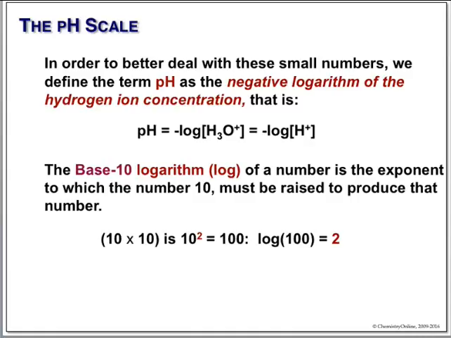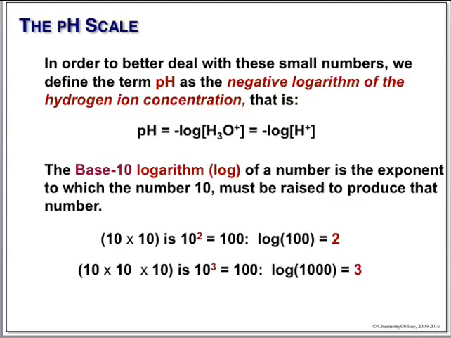If we had 10 squared, that's 100, right? The log of 10 squared is 2. It's simply the exponent. If we had 1,000, 10 times 10 times 10, the log of 1,000 would be 3. It's simply the exponent here.